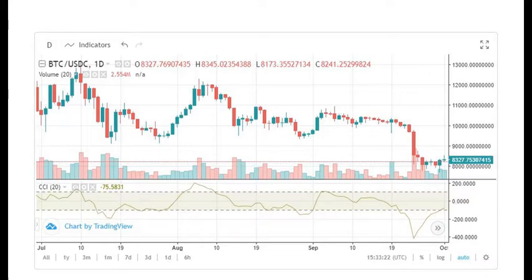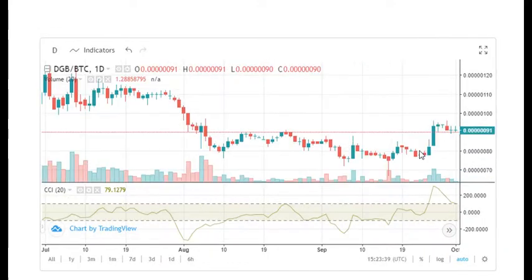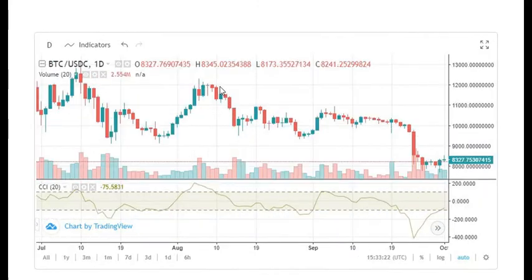I haven't been actively trading Bitcoin against Digibyte, but I've realized that whenever Bitcoin was down in the dumps for an extended period of time, like this here would be 1, 2, 3, 4, 5, 6, sometimes Digibyte would be down, but then other times, like this right here, everything was down 10, 15%, and Digibyte was having the best week ever. And another area here, Digibyte was up when everything else was coming down.